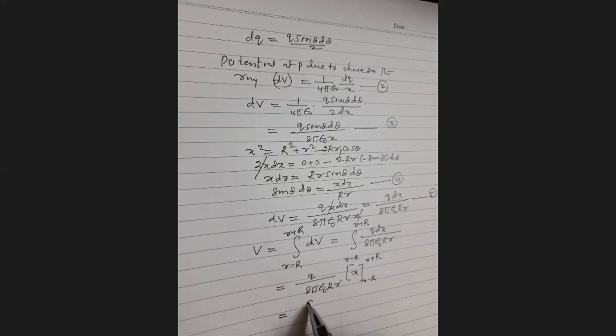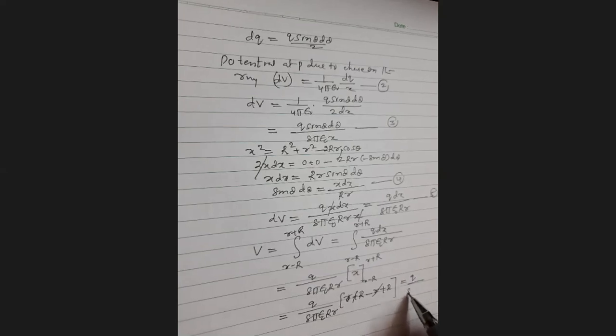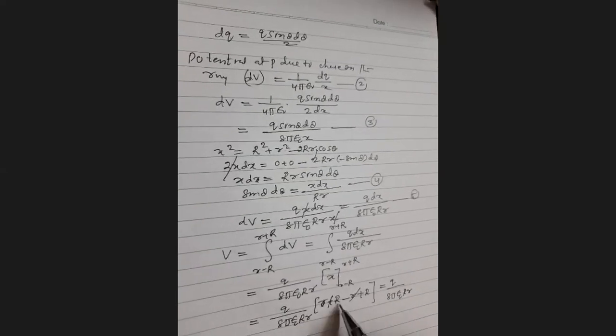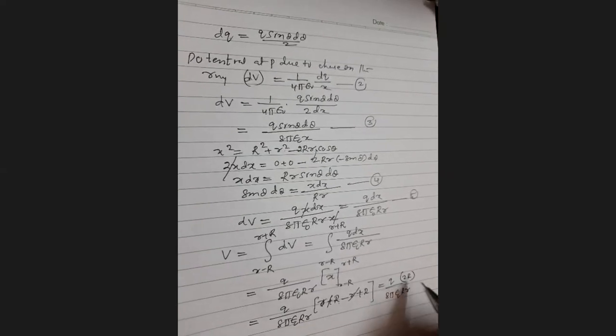That equals q by 8 pi epsilon naught capital R small r into (R plus r minus R plus r), that is 2r. So r cancels, 2 goes into 4 twice. What we got: V equals 1 by 4 pi epsilon naught q by R.